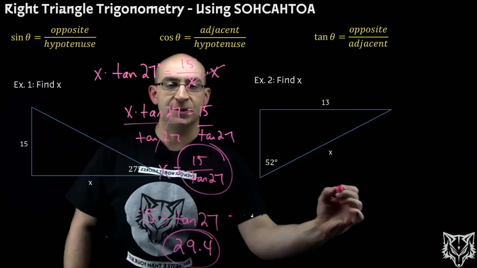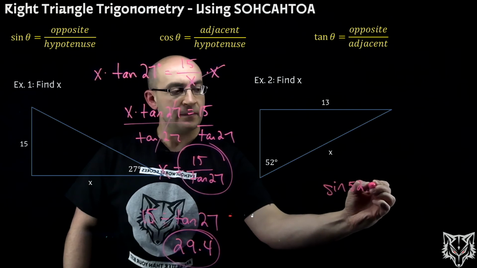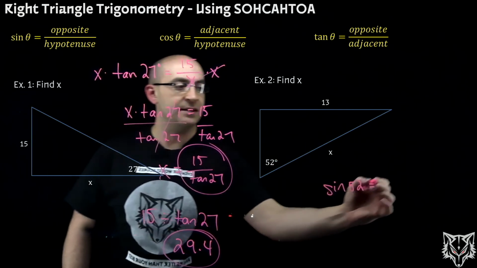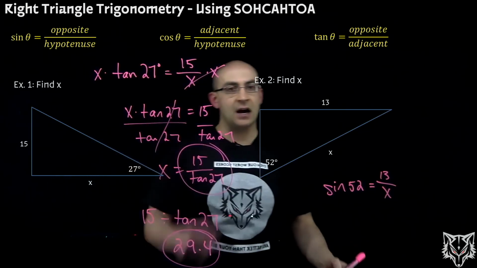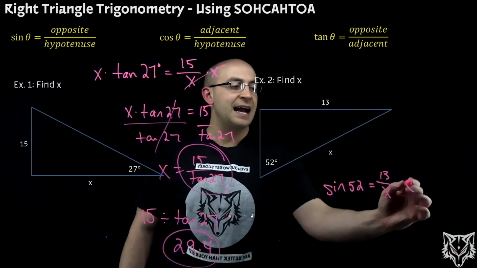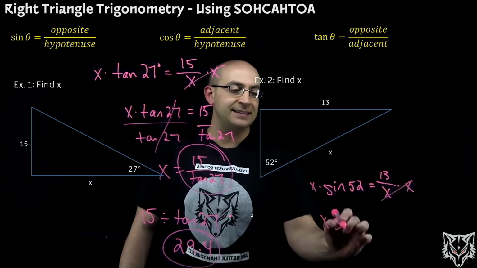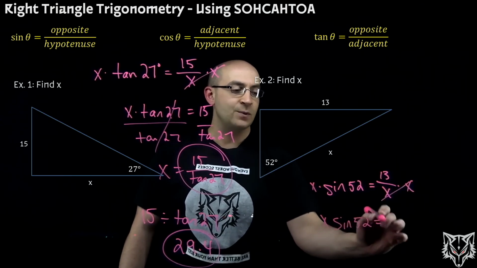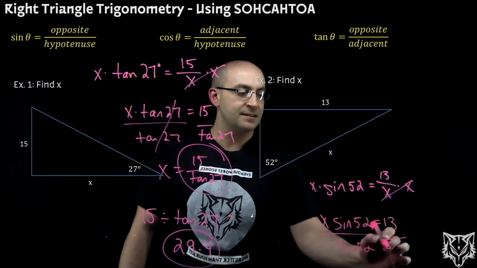So just like the previous problem, sine of 52 is going to equal opposite of 13 over hypotenuse of x. And again, because our x is in the denominator, we're going to have to finagle it just a little bit. Canceling out the x's, x sine 52 equals 13. Dividing by sine 52 on both sides.